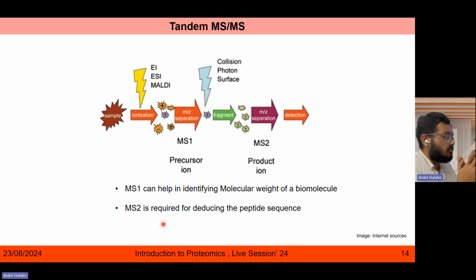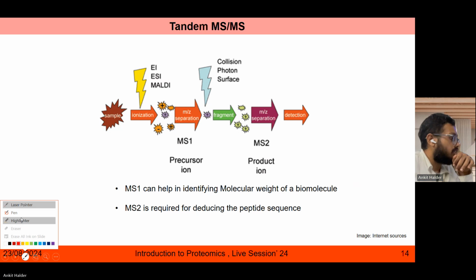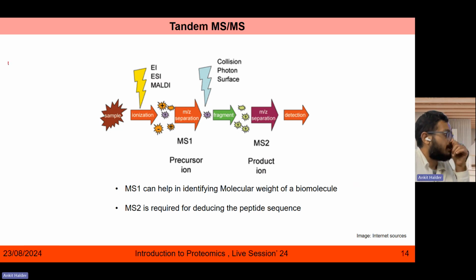Now the term comes up. I talked about it in the beginning: we had seen written MS spectra, right? MS, so what is that?